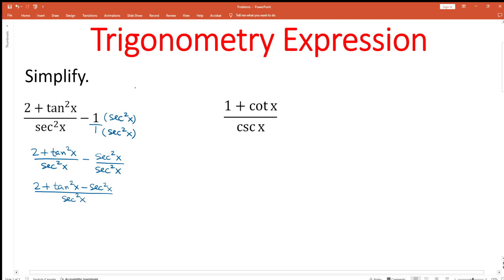Next, we should use the Pythagorean identity for secant square x. As per this identity, secant square x is equal to 1 plus tan square x. We can use this identity for secant square x in the numerator. We should keep the denominator secant square x as it is.